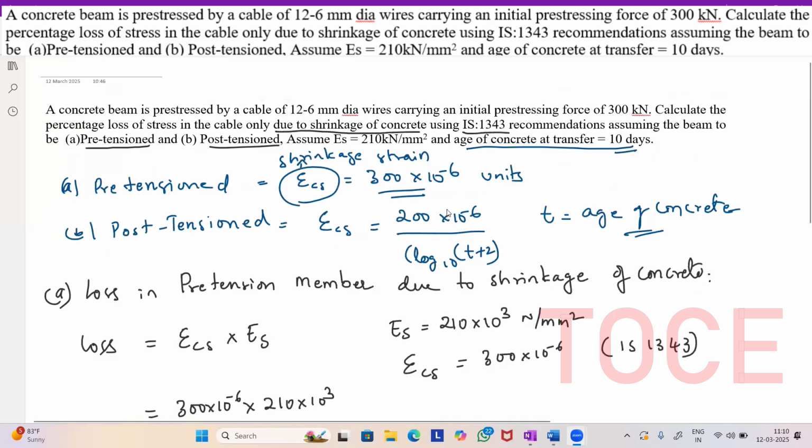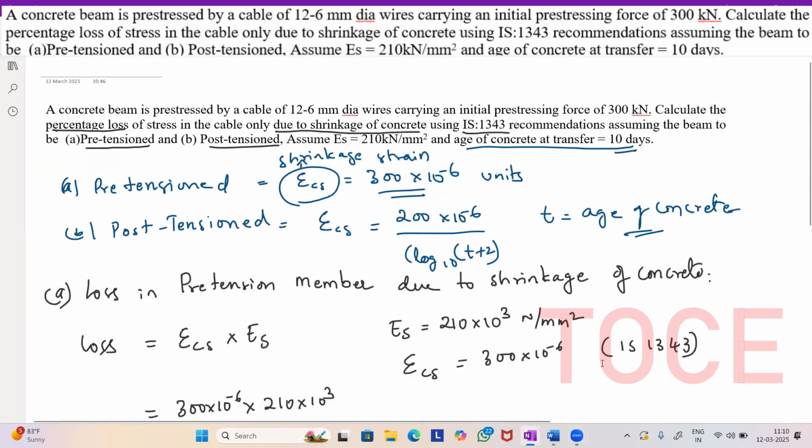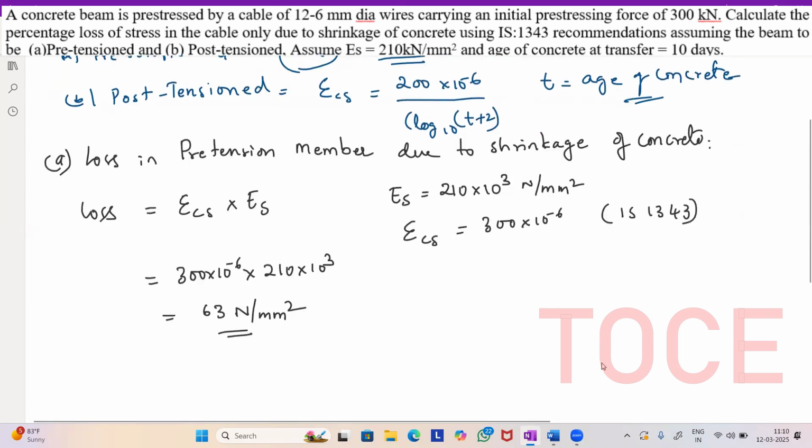In the question, he asked to find out the percentage of loss. For this value we need to calculate the percentage, and for that we need to know the initial stress in the tendon. In the question, he has provided the pre-stressing force. For this pre-stressing force, we need to find the initial pre-stress.